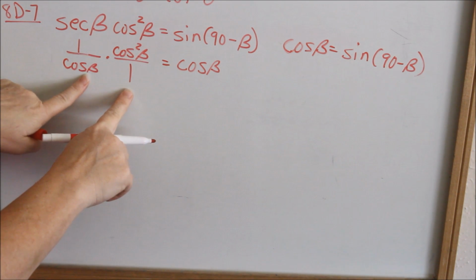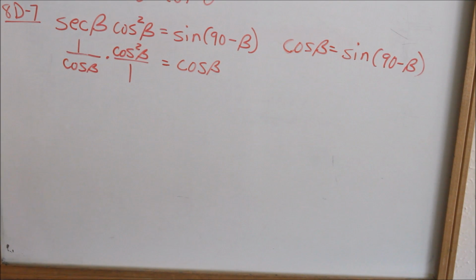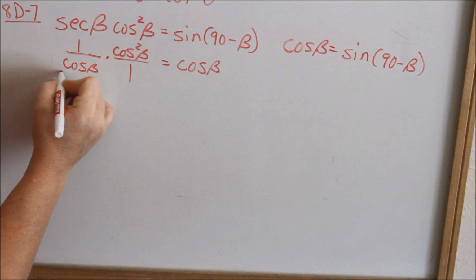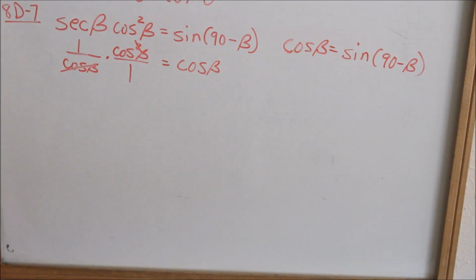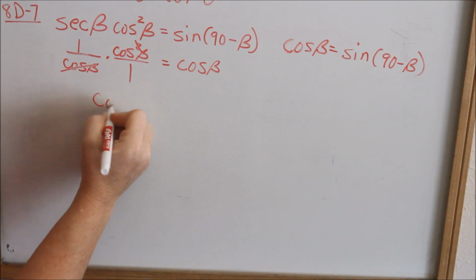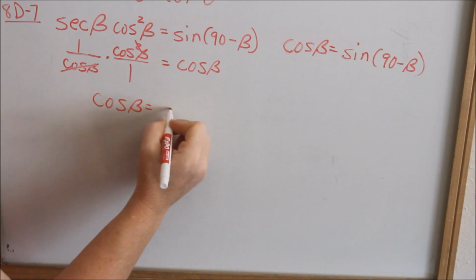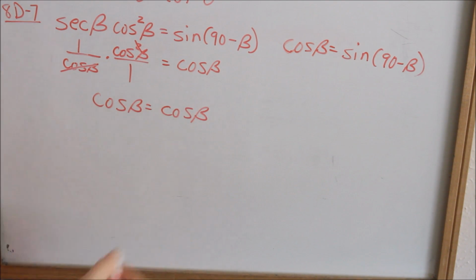This is just multiplying fractions. What happens to our cosines? One of those will cancel. So one of those cancels with that. I usually just mark out my exponent. So then all I have left is cosine beta is equal to cosine beta, and I just proved that the left side is equal to the right side.